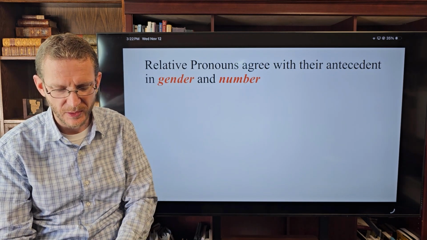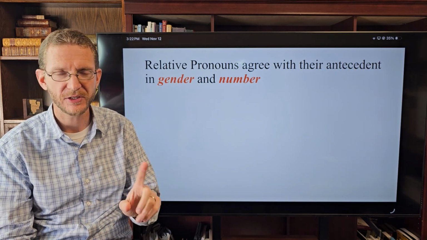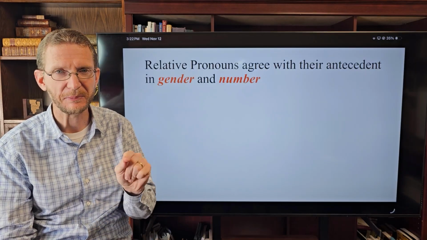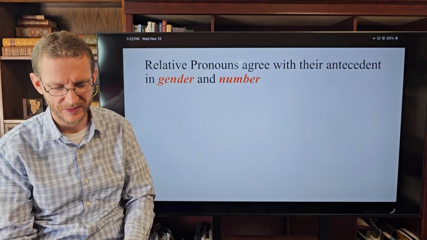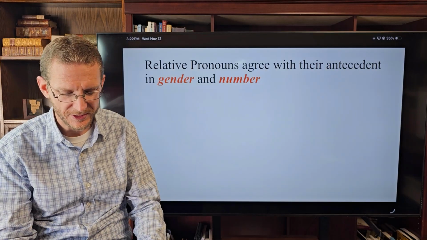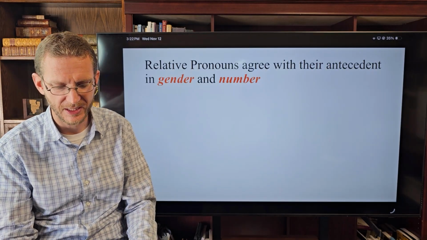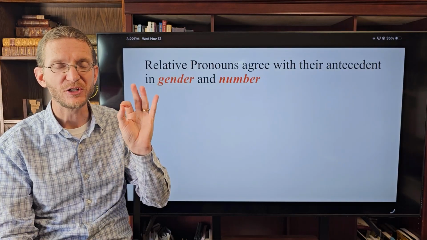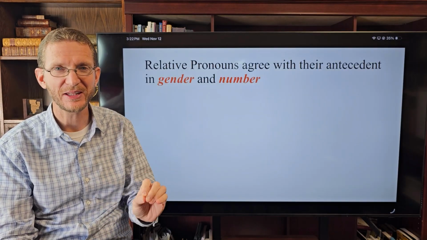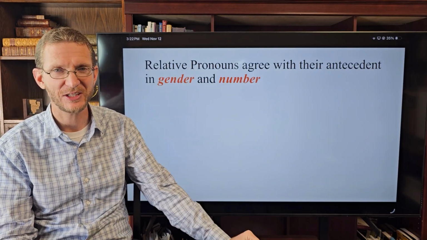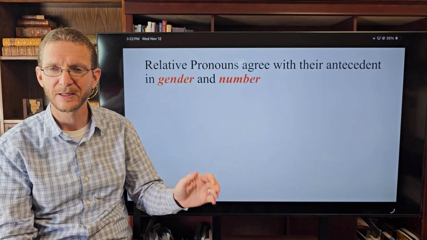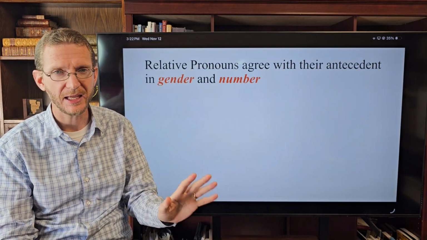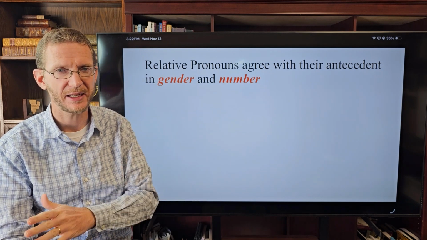Relative pronouns agree with their antecedent in gender and number. That's not the point. They do, but that's not the point that you need to know. Relative pronouns agree with their antecedent in gender and number. Here's the point. They don't necessarily agree in case. They do agree in gender and number, but the case is something independent.